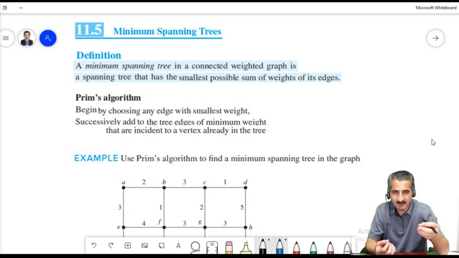The spanning tree that gives us the minimum weight, we will call a minimum spanning tree.